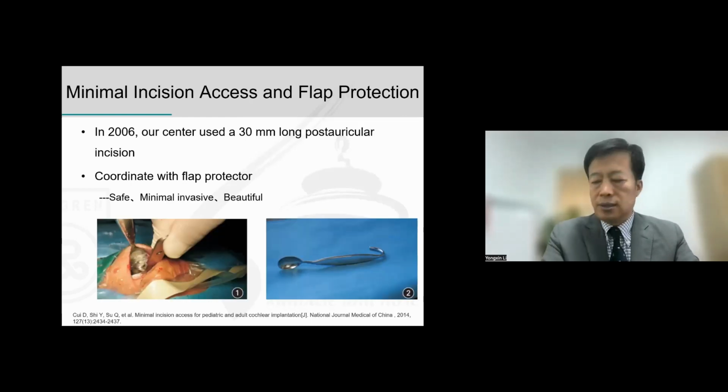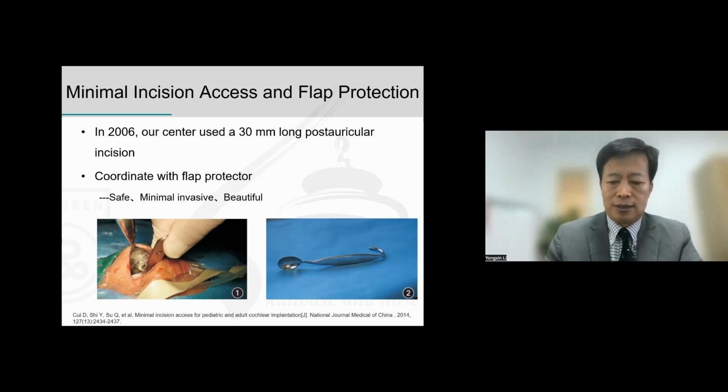In 2006, in our hospital, we preferred the minimal incision access and flap protection. The incision is 30 millimeters long, and you can see we use the skin protector to make the incision smaller and smaller.